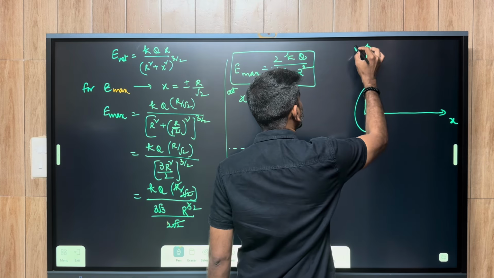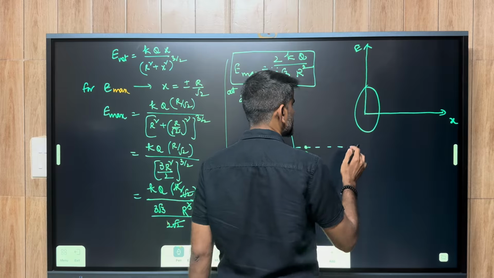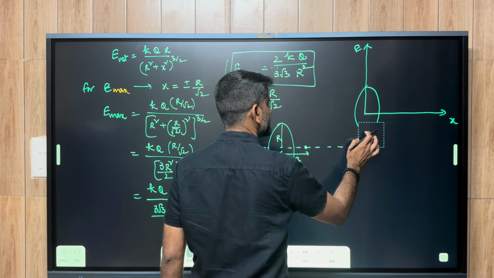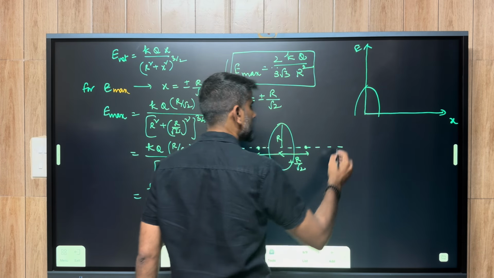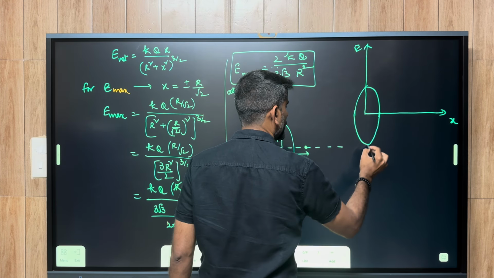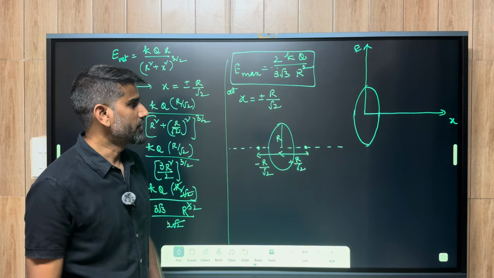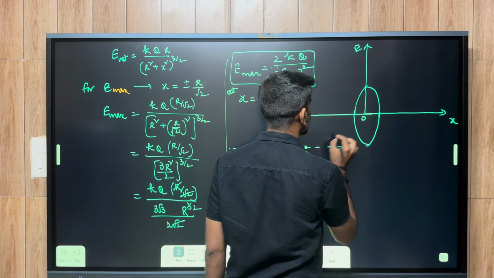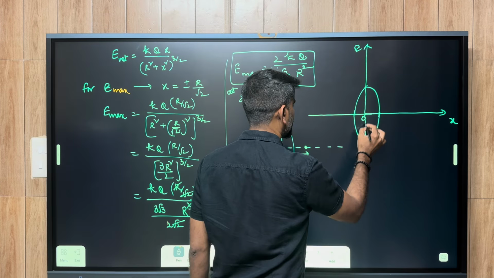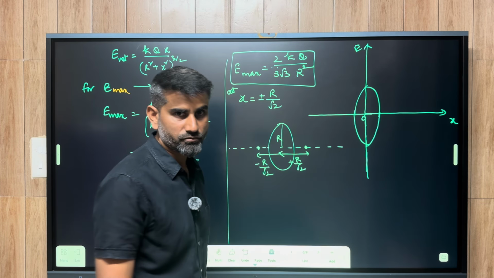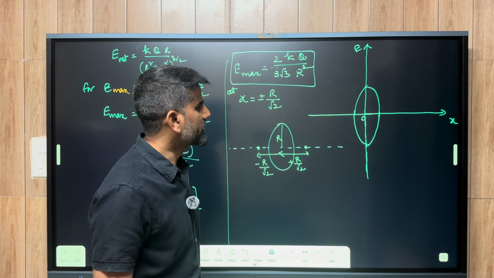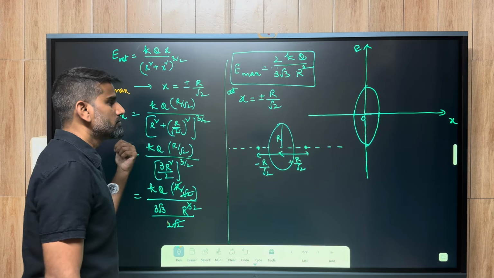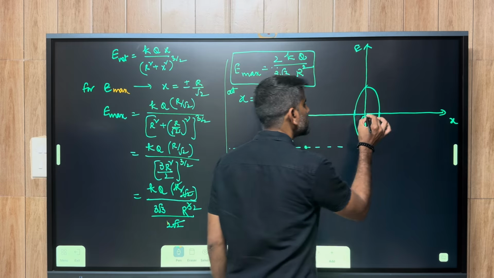On the y axis I have taken electric field. Now this is the center, and this graph can also be extended to the negative x axis, negative y axis as well. Now let us analyze this equation. Electric field at the center is 0.